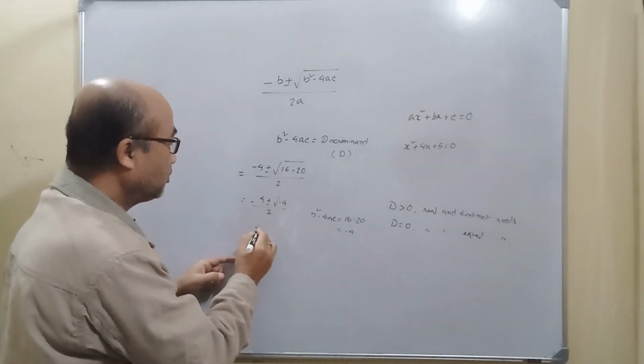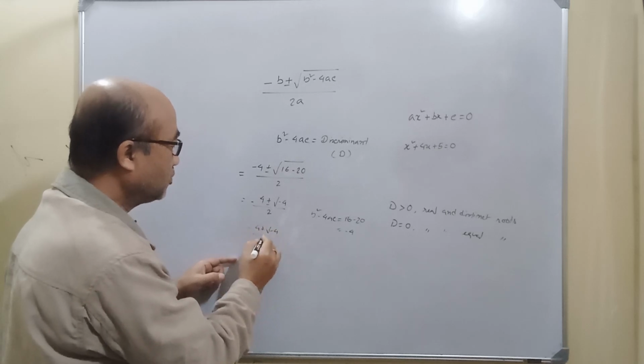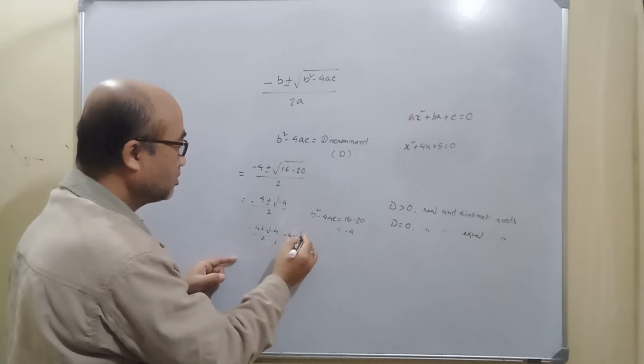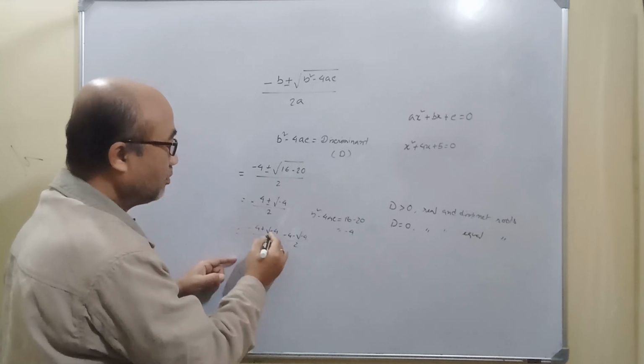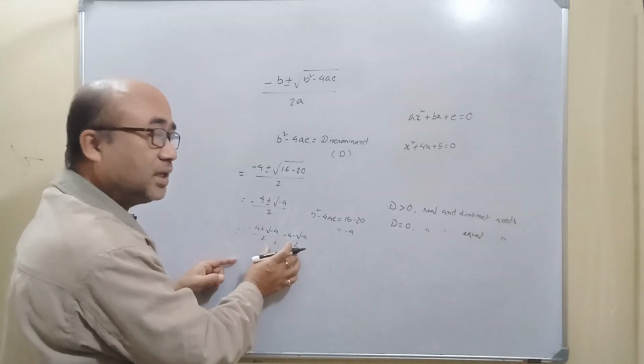We have 4 plus minus the square root of minus 4, by 2. The two roots are like this, but none of them are real. Both are imaginary.